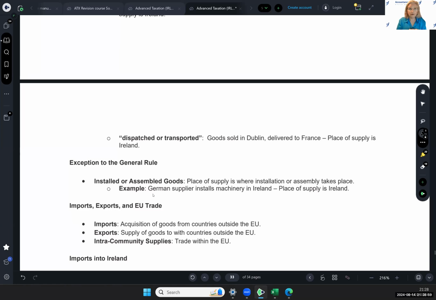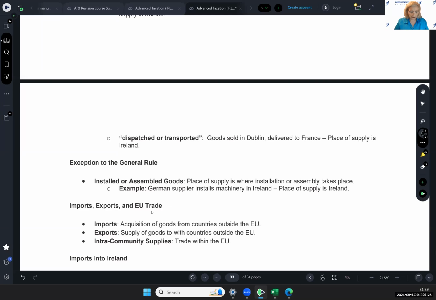The general rule would have said, was that dispatched or transported? Yeah, place of supply is where transportation begins. That's Germany. But because it was assembled in Ireland, the place of supply now switches to Ireland. So that's what exceptions do. They switch the place of supply from the general rule to a different VAT treatment.